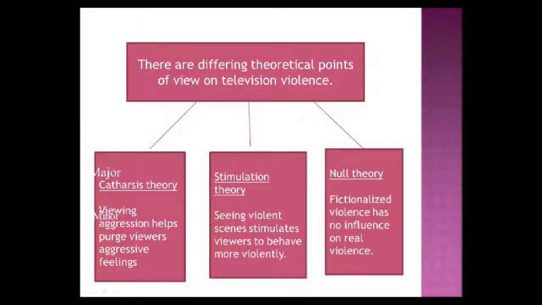We said the minor details further explain the major. So catharsis theory, we don't all know what the catharsis theory is, so we explain what the catharsis theory is by using our minor details. Okay, the stimulation theory, and we explain using minor details, and null theory as well. We explain this by using minor details.